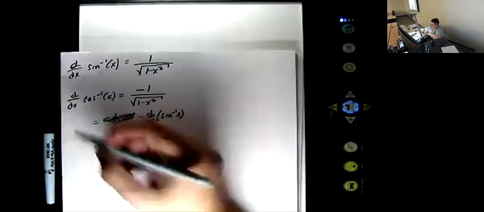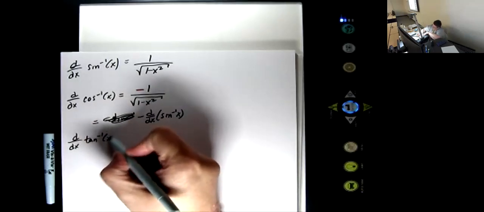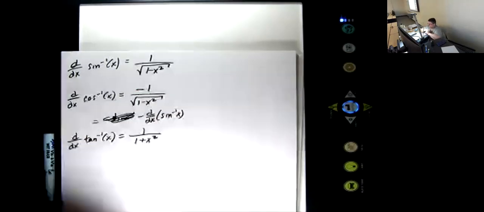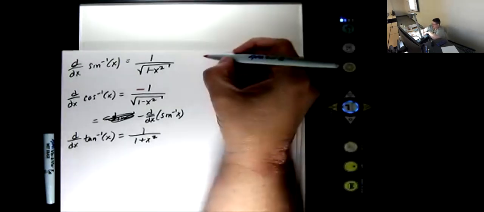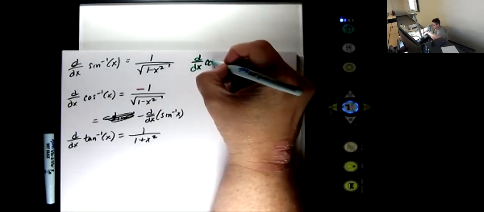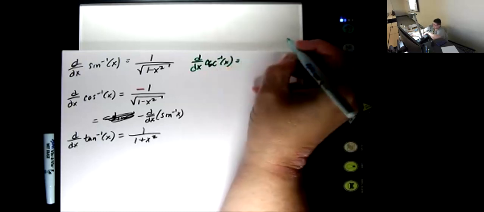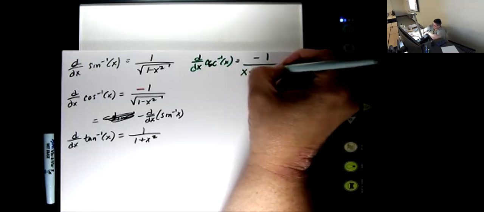Then we have the other one we just did, our tangent one, equals 1 over 1 plus x squared. Our ones that are related to it: cosecant is related to sine, it's the inverse of it. Let's do cosecants next. d/dx of cosecant inverse is -1 over x times the square root of x squared minus 1.